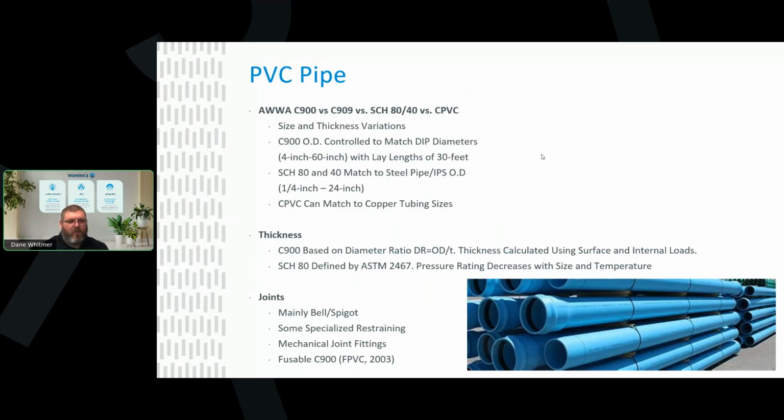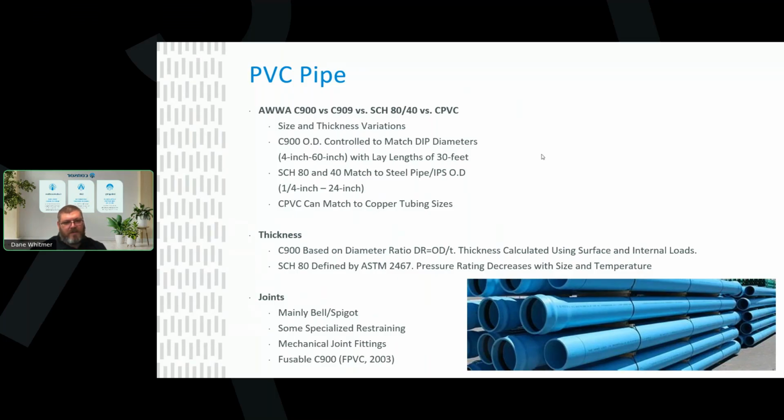Schedule 80, Schedule 40 is more of a plumbing or plant item. Schedule 80 is what we'll use. It's the thicker of the two pipes, and you have CPVC, or chlorinated polyvinyl chloride, which is more chemically resistant pipe. The thing to note here is that everything comes in a different format. Some are based off of steel pipe, like Schedule 80, Schedule 40.